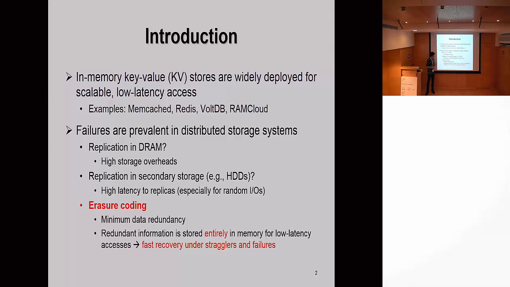We want to look at whether it's possible to keep the redundant information entirely in memory so that when we do the recovery, we don't need to go to secondary storage, but go to other available servers to recover the lost information, especially under failures, or maybe not failures but stragglers, which have poor performance. Instead of accessing the stragglers, we can just go to other available servers for the data.